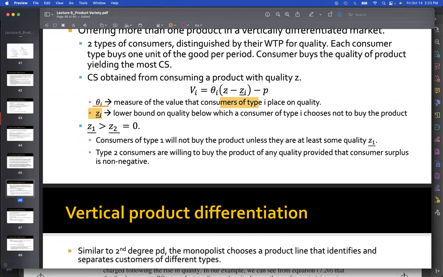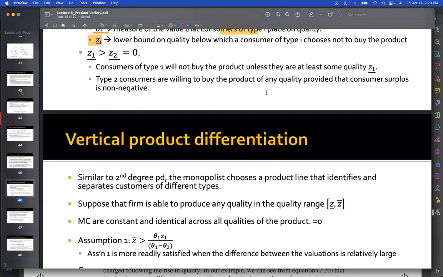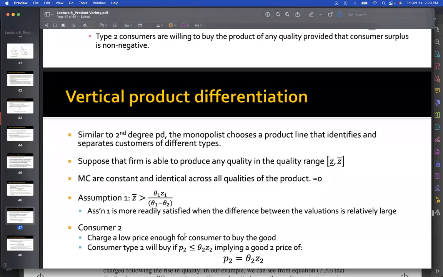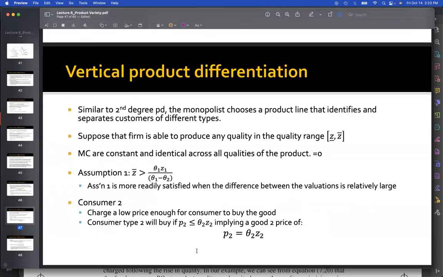Now, the Z's are indexed by the quality meant for each type. That's why you have two types and therefore two products. Remember, one product is meant for group 1 and one product is meant for group 2. So here we're saying if group 2 buys the product that's meant for them, theta 2 times Z2, and remember this is 0, that has to be greater than P2. Okay, which is this condition. Since if you're going to sell, you'd want to increase this as high as possible, and the highest is this. So that's why this will bind. This will become an equality.